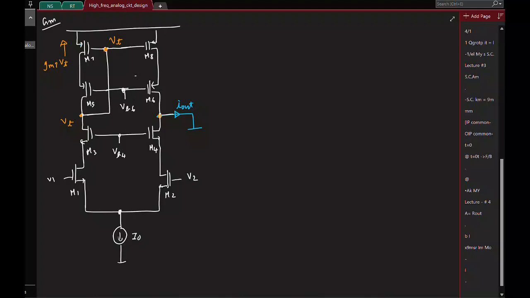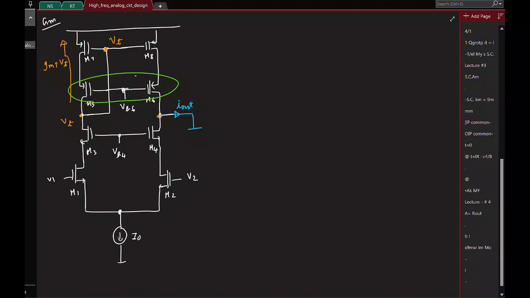Of course, we'll have R0 also, but finally that will all get neglected. You'll have a current due to GM, and you'll also have a current due to R0, but the R0 will be so high that it will not come into the picture. So what is the impedance now? 1 by GM7. It should not be a surprise, because this is supposed to ideally behave like a current buffer.